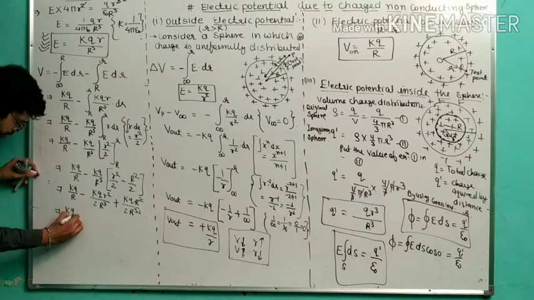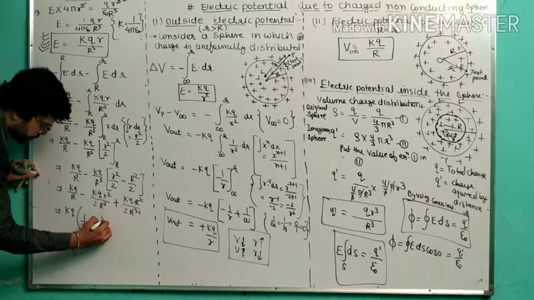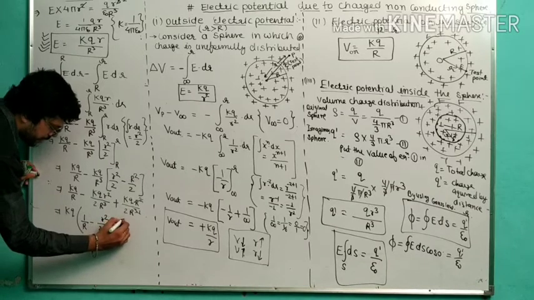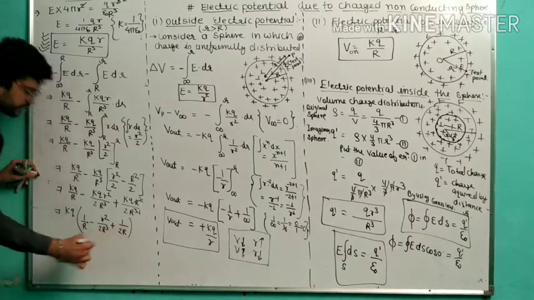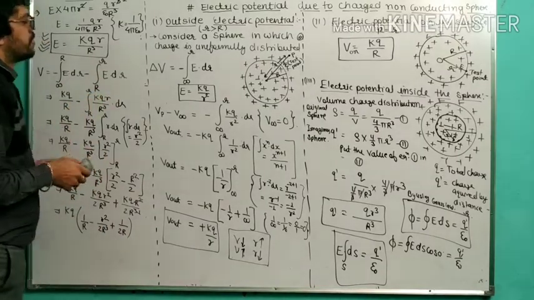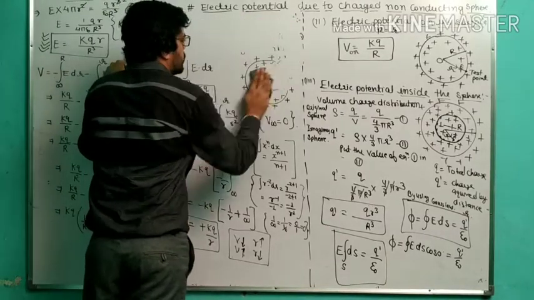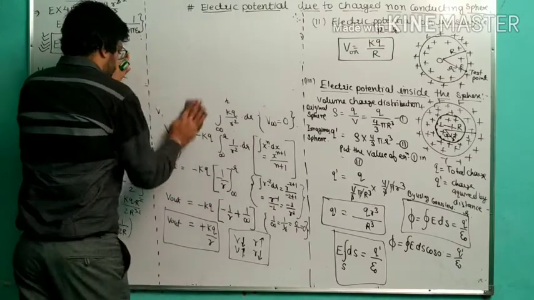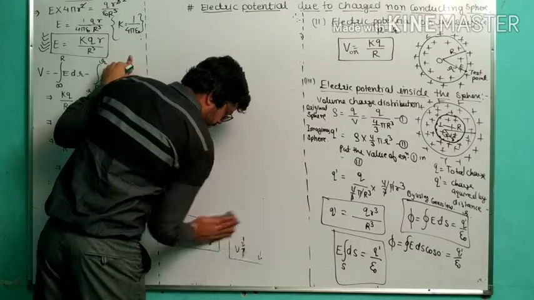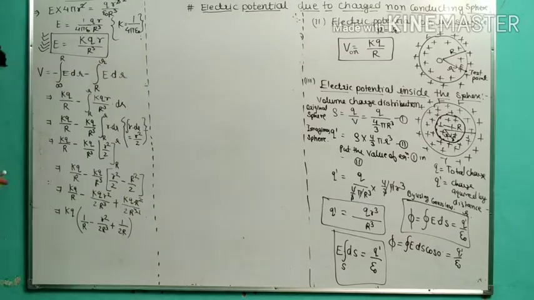Let's take kq as common: 1 by R minus r square upon 2R cube, and here also kq is common, so plus 1 upon 2R. So let's take an LCM here. I hope you just noted this, so I am going to erase it.